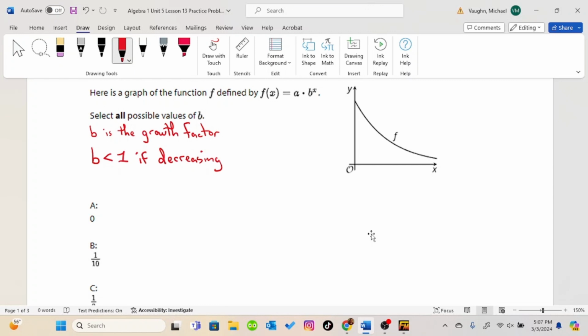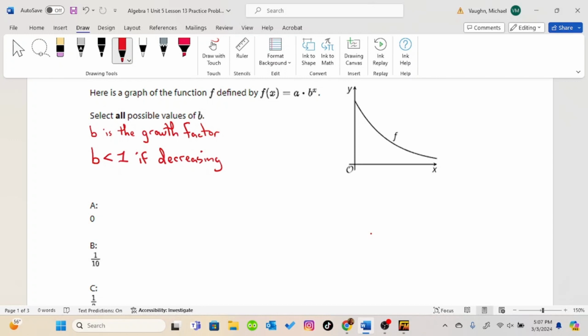as we look through the choices, we're going to ask, does it make sense? Choice A is 0. If I put 0 in for b, then anything times 0 becomes 0, and this line would be all the way down at the x-axis.